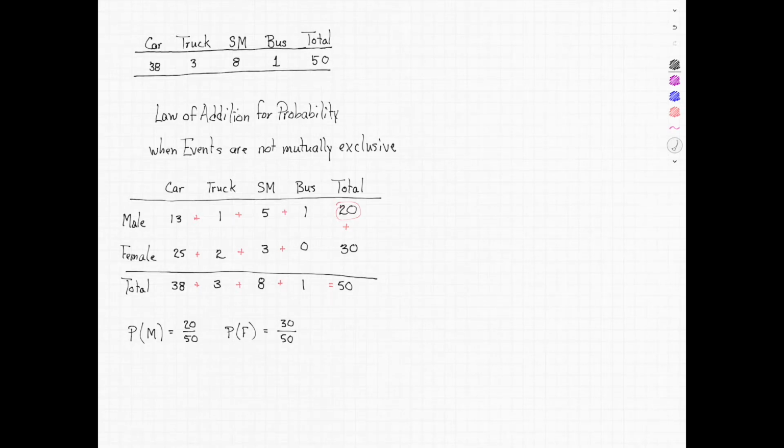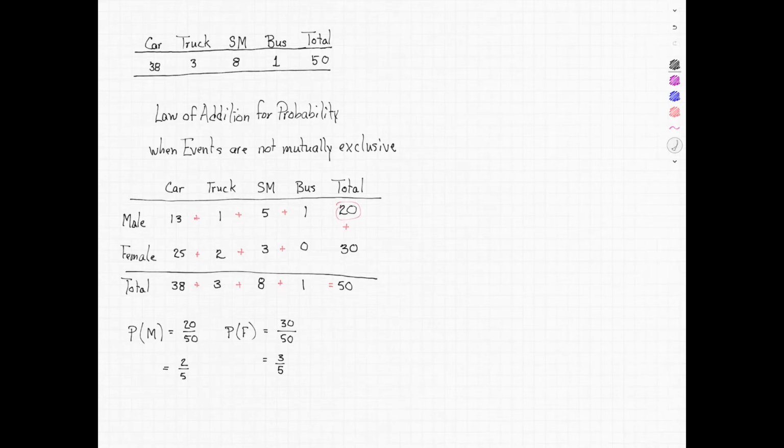And we're not going to reduce those fractions yet. It's easier to deal with a common denominator up front and then reduce, as opposed to getting a common denominator and then reducing again. But if that was the end of our problem today, you'd write 2/5 for the males and 3/5 for the females.